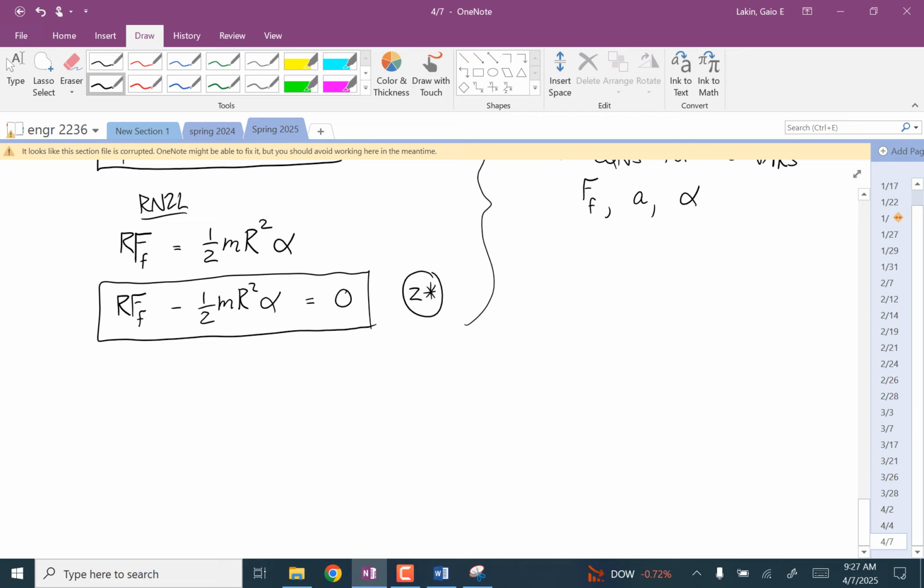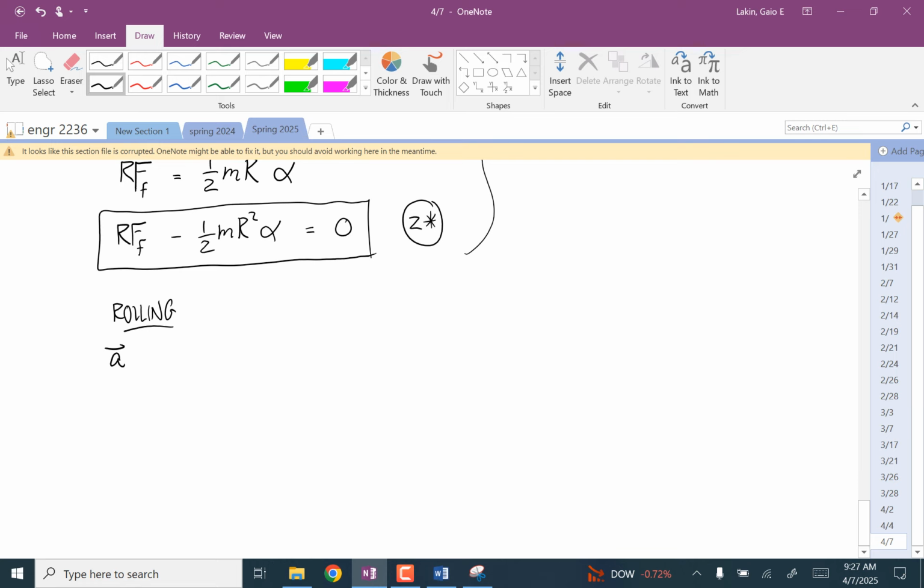And the equation for rolling without slipping says the acceleration vector is equal to A0, and that's equal to negative R alpha 0. And so I can write the third equation from this as A is equal to negative R alpha.